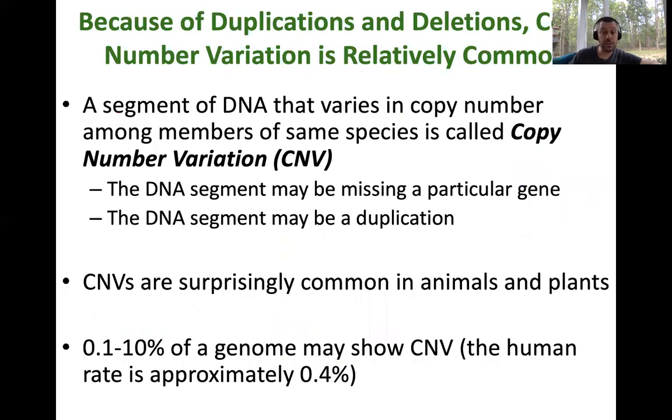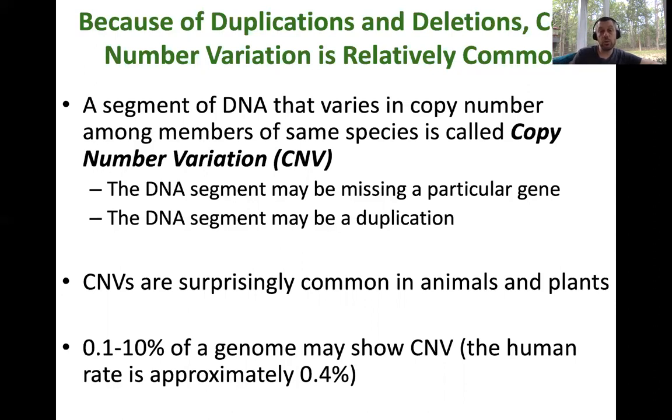Now, throughout the course of evolution, there's been many duplications and deletions in the human genome and in every genome. Because of that, there are parts of your genome that have what is called a copy number variation, or CNV, which means you might have part of one chromosome where you're missing some genetic information, and then you might have part of another chromosome that has a duplication, so you have more information.